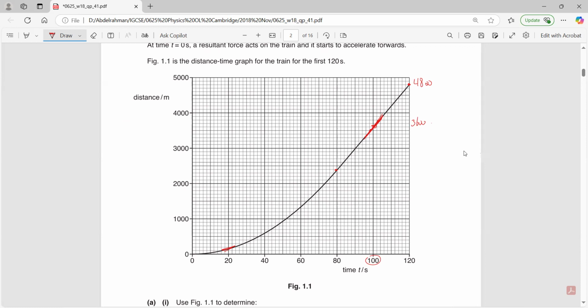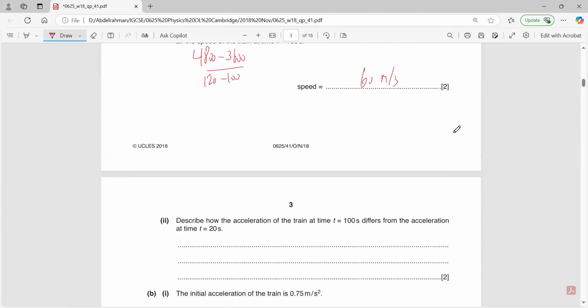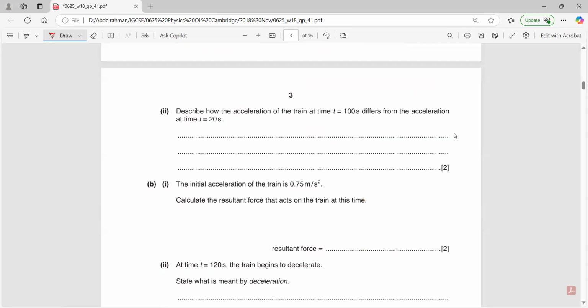Therefore, we can say that at time 20 there was an acceleration, greater than zero. The speed was increasing. But at time 100, the acceleration was zero. Why was it zero? Because it was moving at a constant speed. So at 20 seconds, the speed was increasing, meaning we had a positive acceleration.